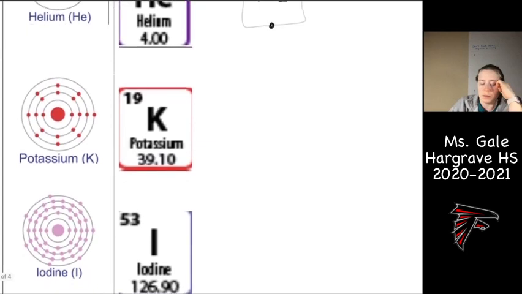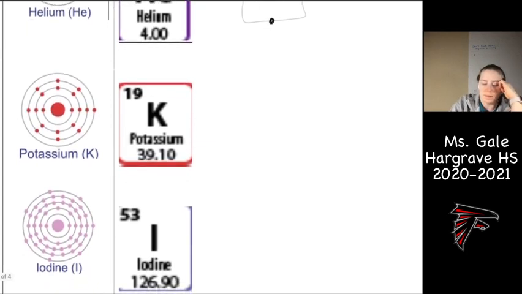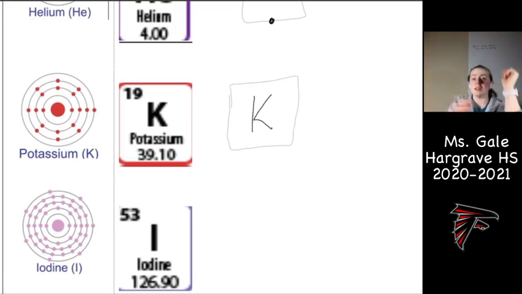Let's go down to potassium. Simple as pie. We do potassium, atomic symbol K, and draw our little shadow box. This is why we do the Lewis dot structure. Look at all of those 19 electrons of potassium. I don't like using the word lazy; I'm efficient with my time.